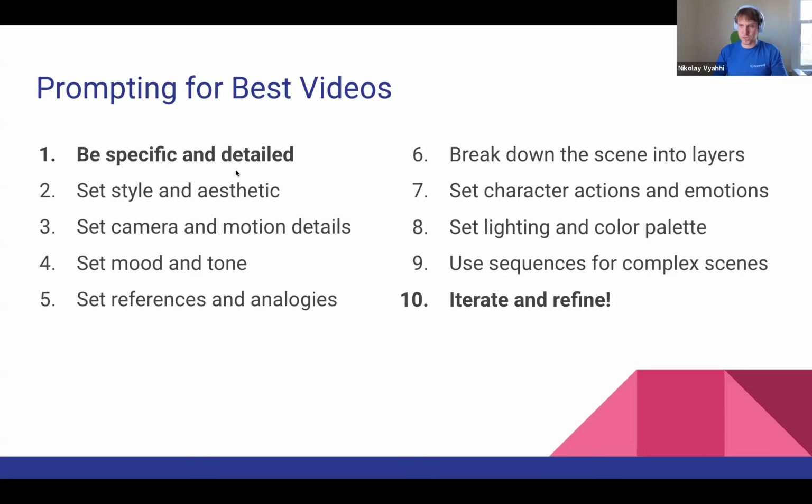A few suggestions. If you are used to writing prompts for text generation and ChatGPT, they're similar in some ways. The most important is to be specific and detailed, because if you are not specific, the AI model does not understand what you really want. Being very detailed will help you generate better images and better videos.